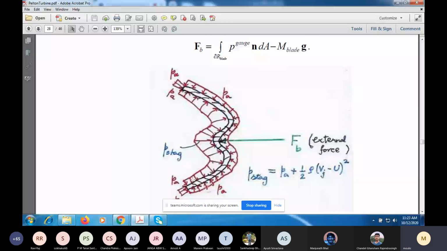The pressure at the stagnation point will be PA plus half rho (Vj minus U) whole squared. Now, why is it not half rho Vj squared? Because the flow is unsteady in the stationary frame, so we cannot apply Bernoulli's equation using the velocities in the stationary frame.